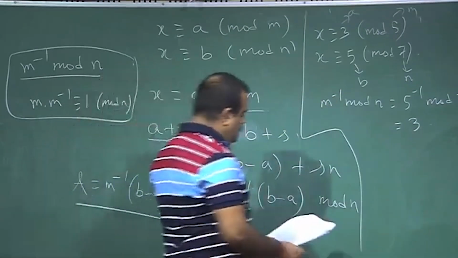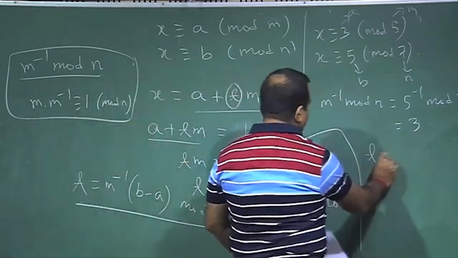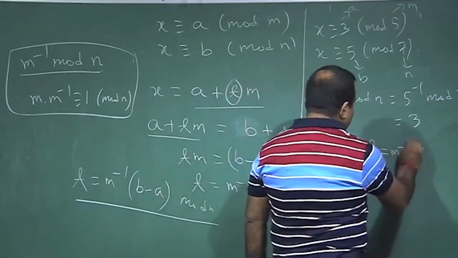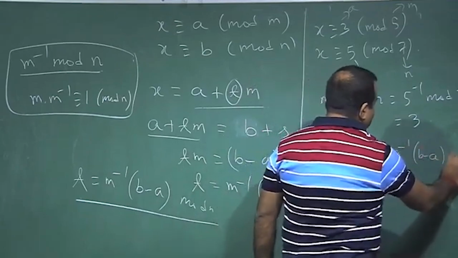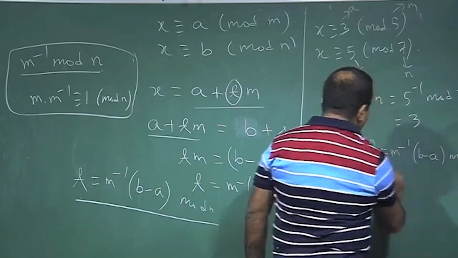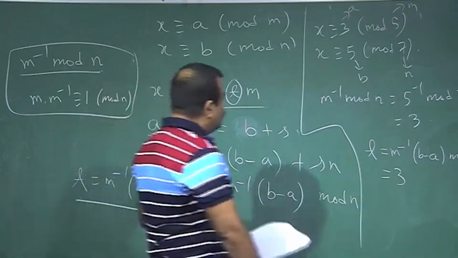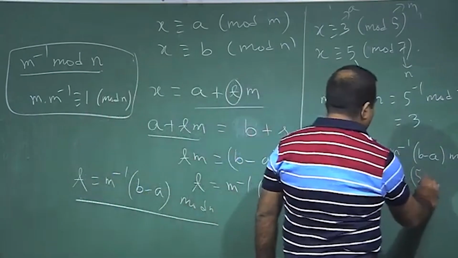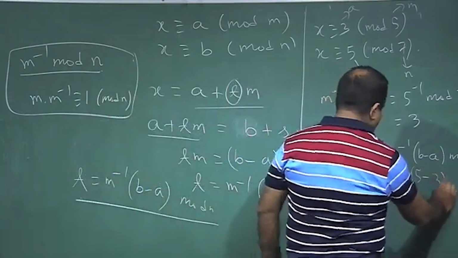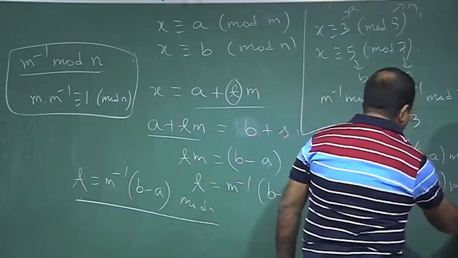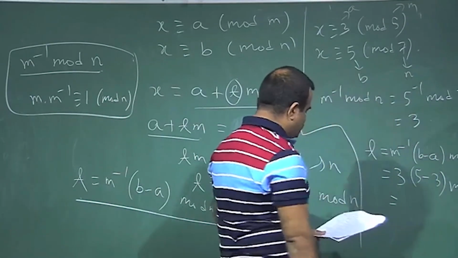Okay. So, now t is m inverse times b minus a mod n. m inverse is 3, b is 5, a is 3. So, 3 times 5 minus 3 mod 7 will give us 6.